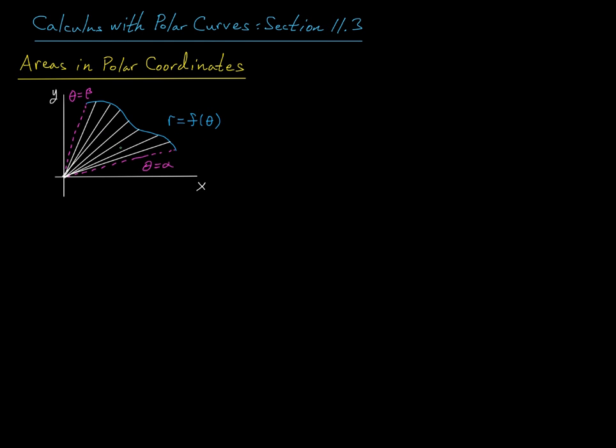But nonetheless, we can compute this area using many of the same ideas that we see in Calc 2 with Riemann sums. So just think about taking little infinitesimal rotations and finding the area of each one of these little wedges, and then we're just going to sum up those areas as theta ranges from alpha to beta, and that's going to give us the total area.